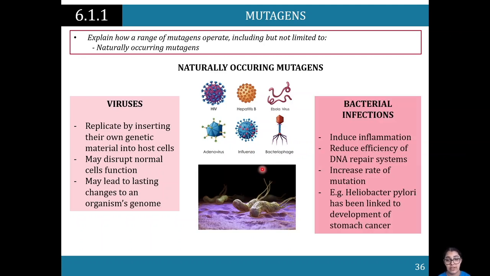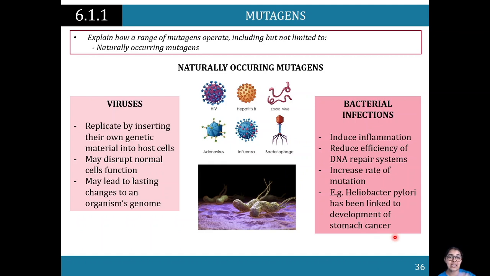And bacterial infections induce inflammation, and that reduces the efficiency of our DNA repair systems. It also leads to an increase in mutations. A good example of this is Helicobacter pylori, which is a bacteria, and it has been linked to the development of stomach cancer.